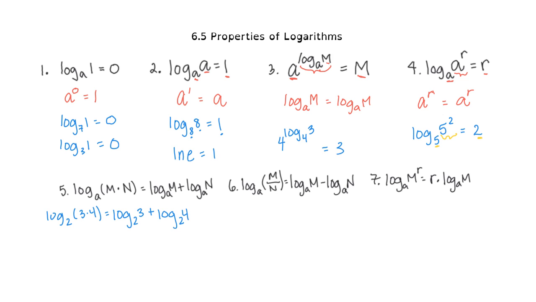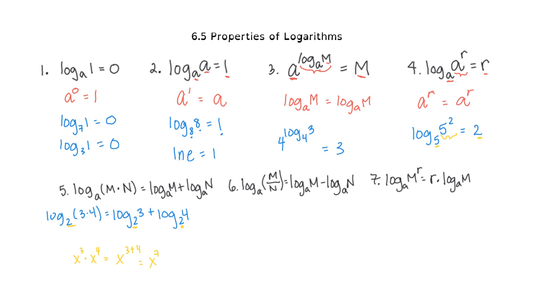This should remind you of the rule of exponents, where if you have a base x to the third power times a base x to the fourth power, what do you get to do with those exponents? You get to add them. So it becomes x to the 3 plus 4, which is x to the 7th. And so we're doing the same thing here, except we're talking about having the same base on your logarithm.